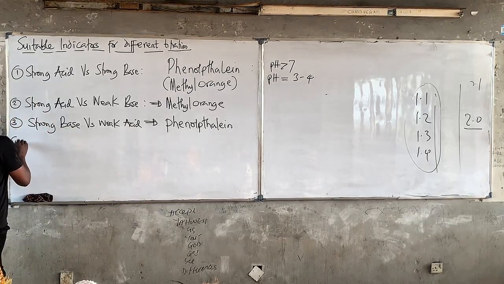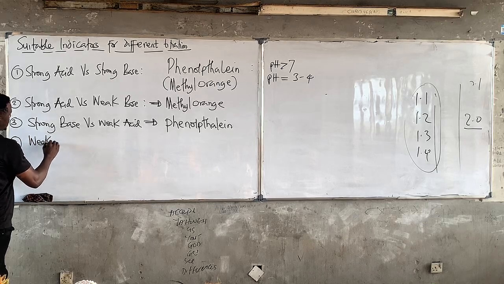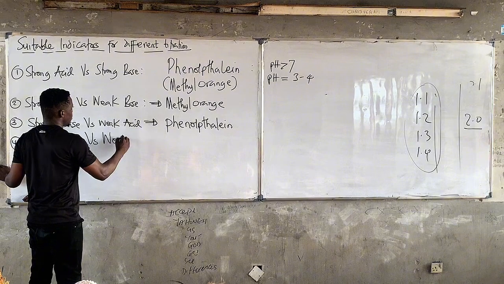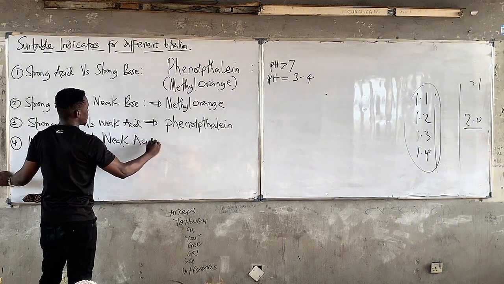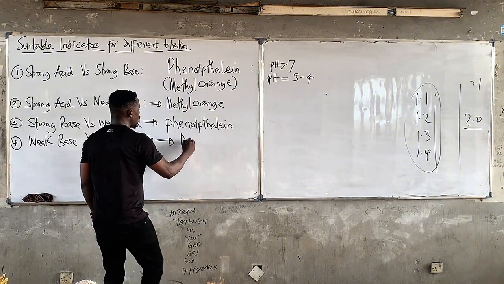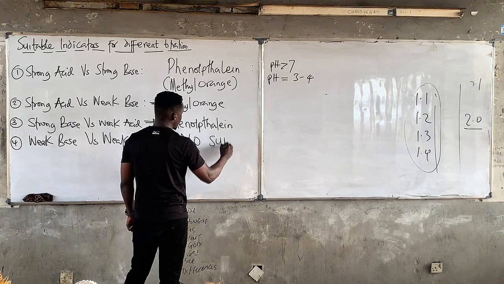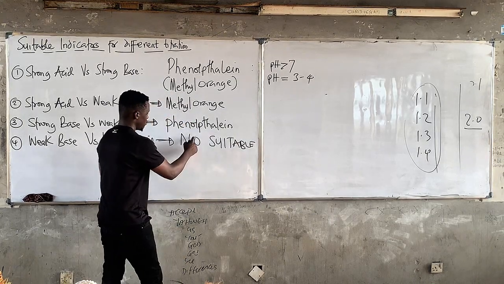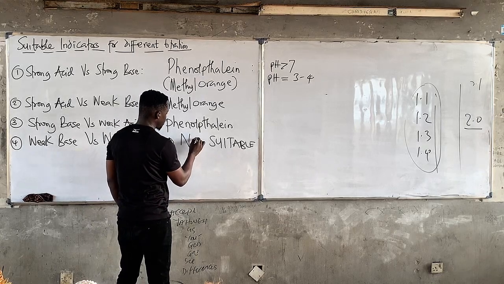Now, what if we have weak base versus weak acid? The answer is there is no suitable indicator, like two dummies coming together.